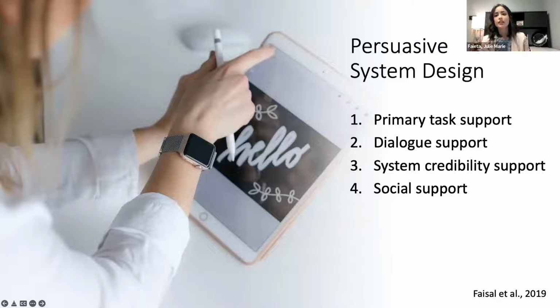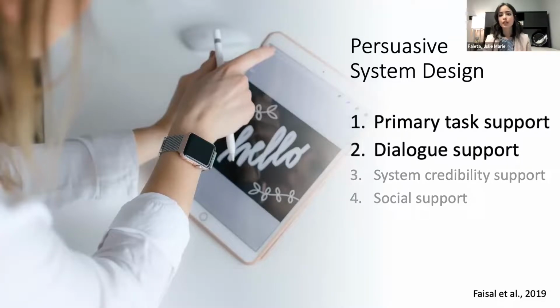And they assessed the influence of the 4 PSD categories. And they found that PSD was indeed influential in user acceptance, but really it was primary task support and dialogue support. These were the 2 PSD components that seemed to carry the bulk of influence. This then indicates that these are the categories to really focus on in design.